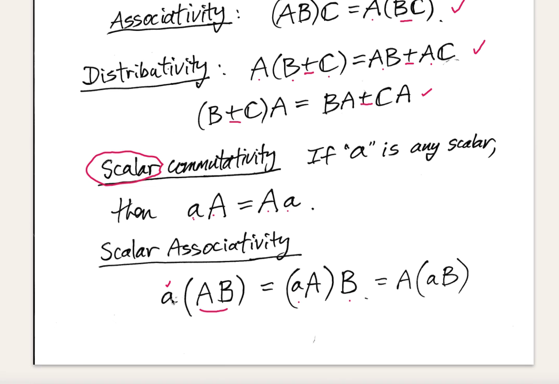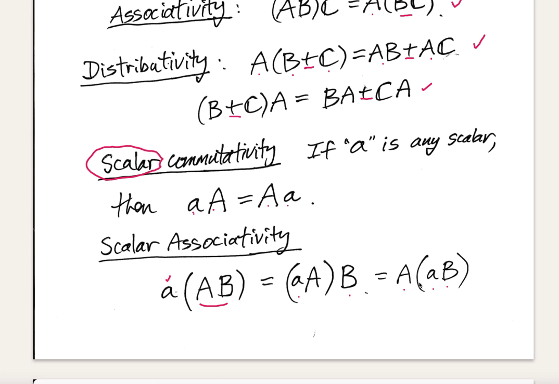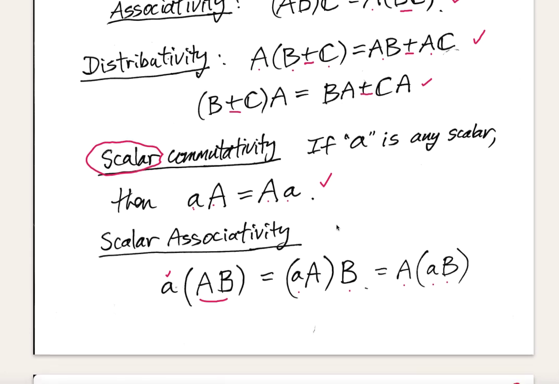Or you could scooch this a all the way through, and that is the same as capital A times the product little a B. There's one other thing we could write. We could have AB times a on the other side if we wanted, using that property just above. But I left that out because that would actually be a theorem that comes from a little more work from these properties above.